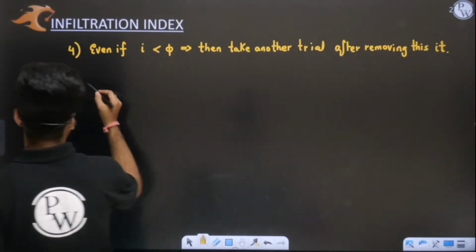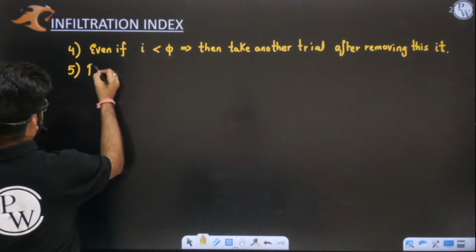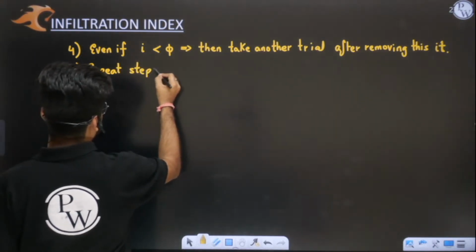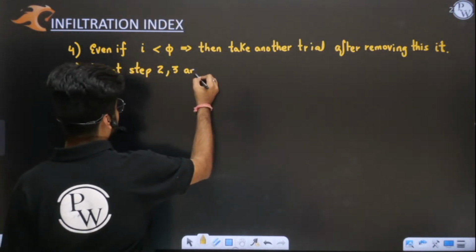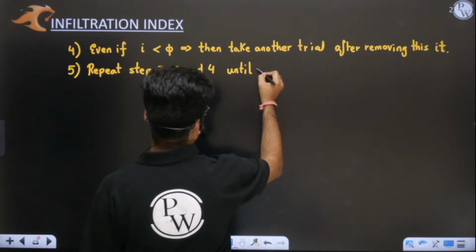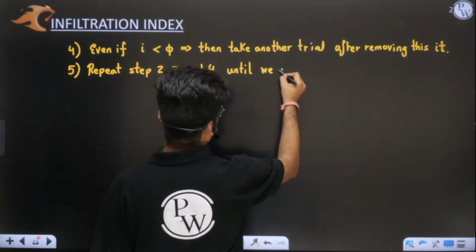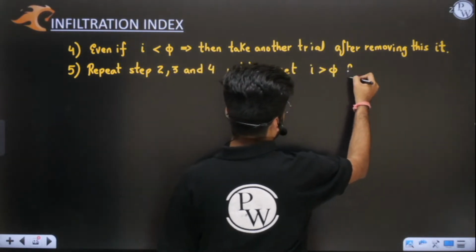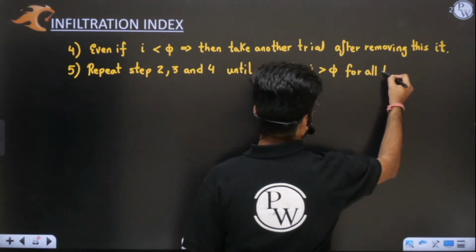We have to repeat this process again and again. Repeat steps 2, 3 and 4 until we get I greater than 5 for all the remaining values.